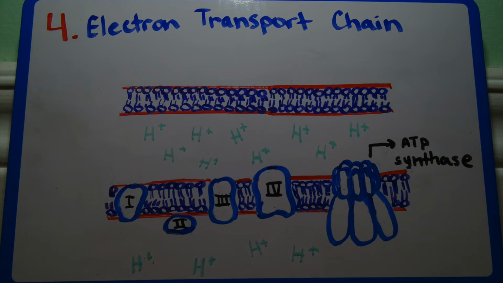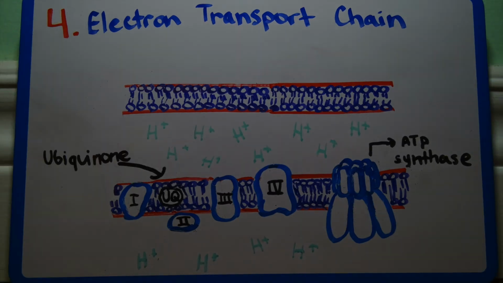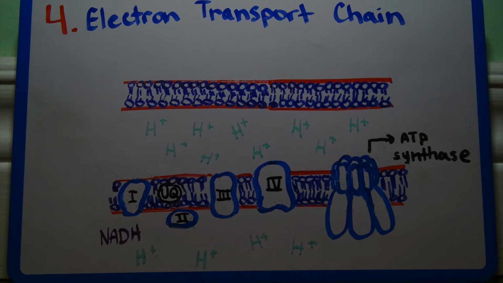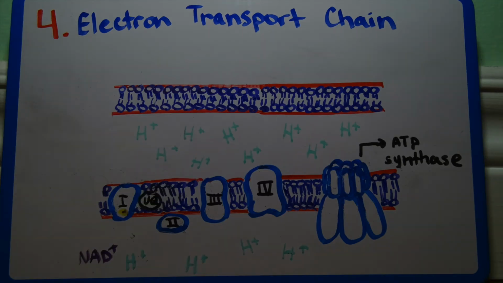Electrons will be passed between these complexes by shuttles. The first is called ubiquinone. It is a hydrophobic molecule found in the core of the membrane, and it receives electrons from both the first and the second complex. As you can see here, the NADH molecule gives up its electron to the first complex and is oxidized to NAD+.